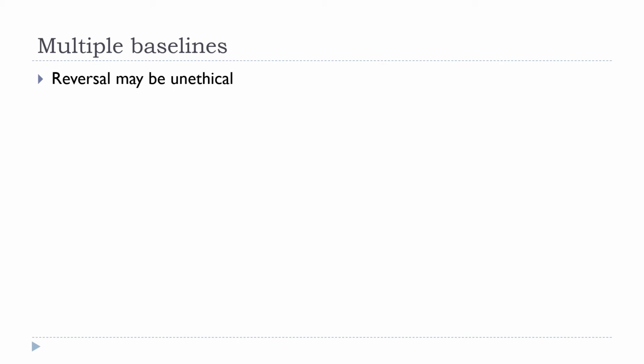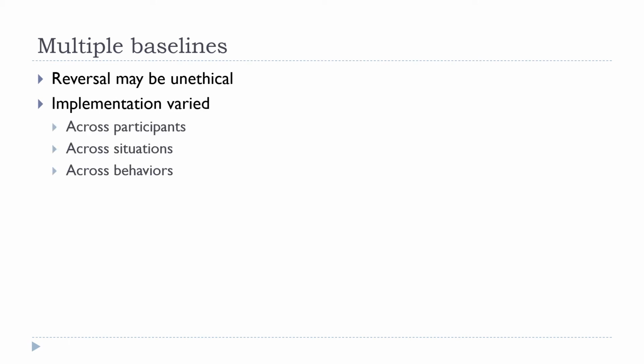So when you have an inability to revert back to baseline, what you do instead is a comparison. You vary implementation across participants or situations or behaviors in order to see whether the implementation of the intervention triggers a change across a wide variety of people or situations or behaviors.